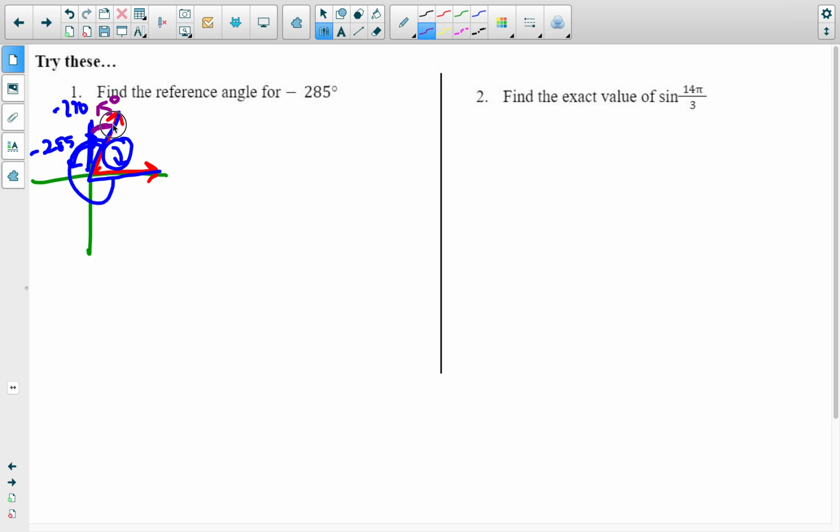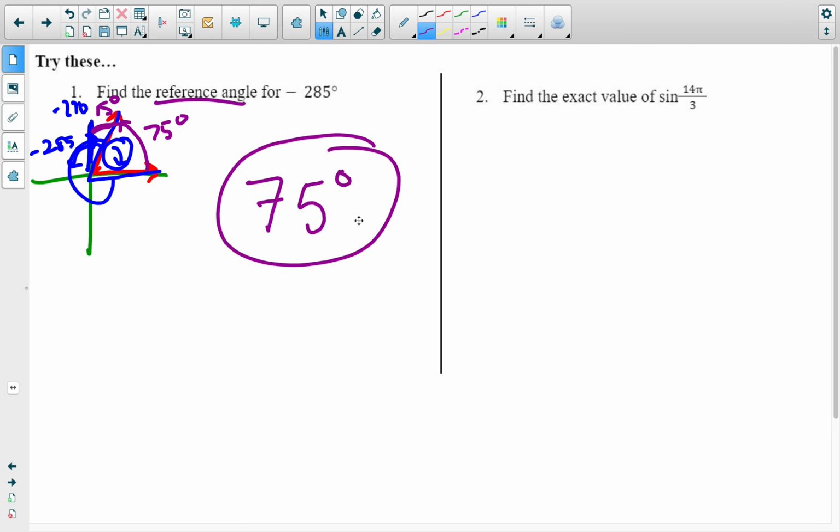Okay, so if we've traveled 15 degrees from here to here, then to measure our angle from the initial side going counterclockwise would be 90 minus 15, which would be 75. So the reference angle is 75 degrees. Okay.